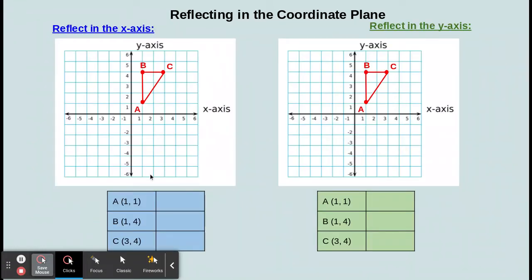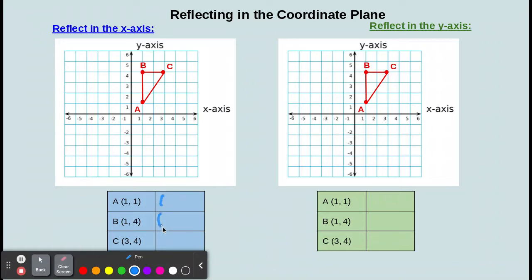So over here, we have a red triangle, and we are going to reflect it in the x-axis. Remember, that means we're going to flip it across the x-axis. The x-axis is our line of reflection. And remember, our x values stay the same, but our y values change.